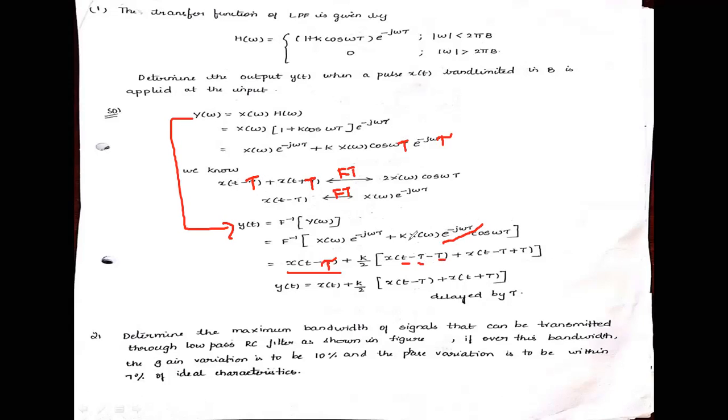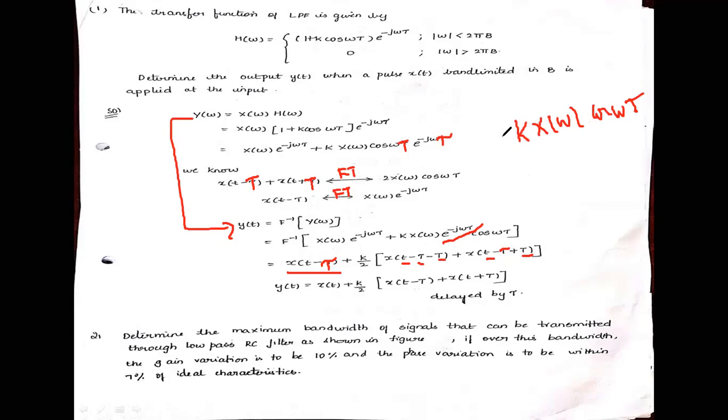This total function X of omega is multiplied with e power minus j omega tau, which means this function is shifted by tau samples. So x of t plus capital T, and it is minus tau, my dear friend. Once again, I will explain the k into X of omega cos omega T, not omega tau, omega T, my dear students.